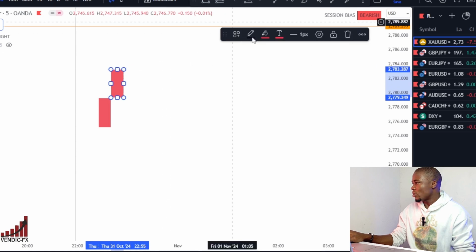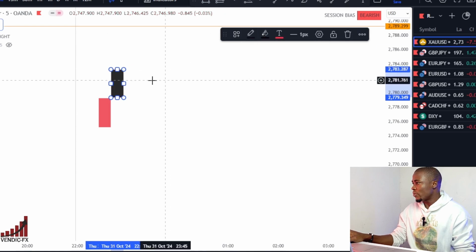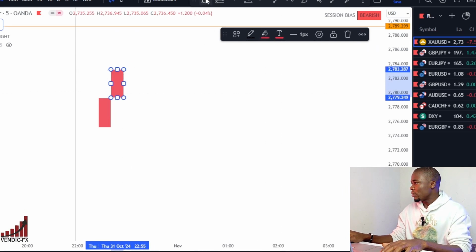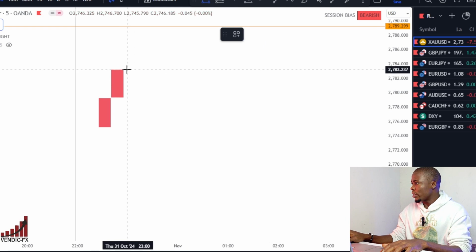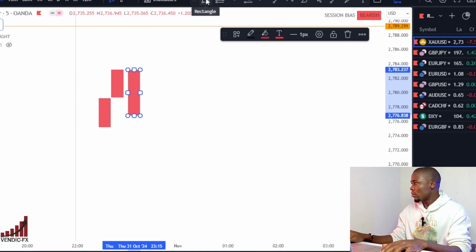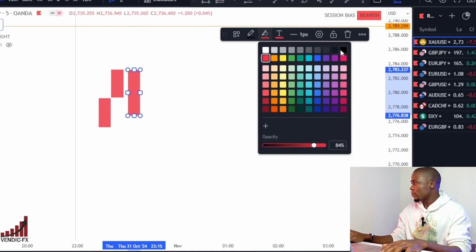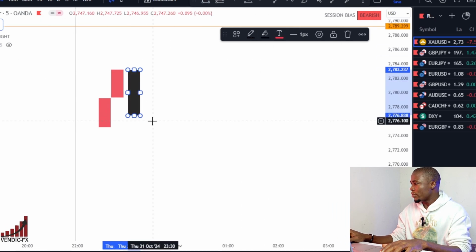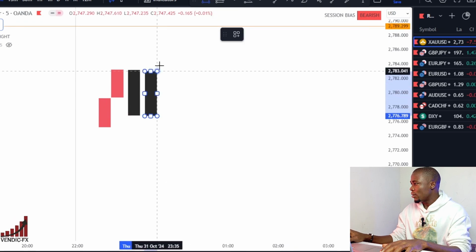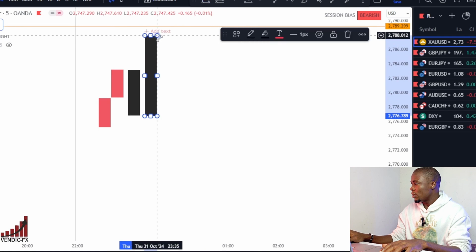Then you have some sort of retracement, and then you got another bullish candle.